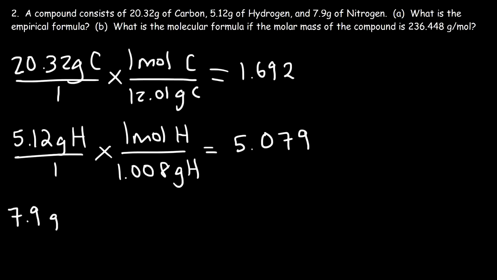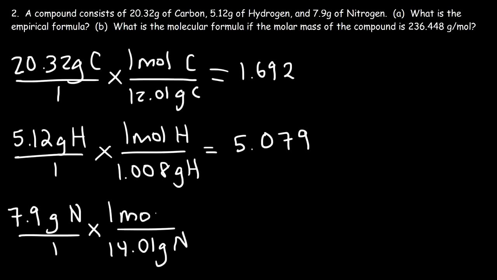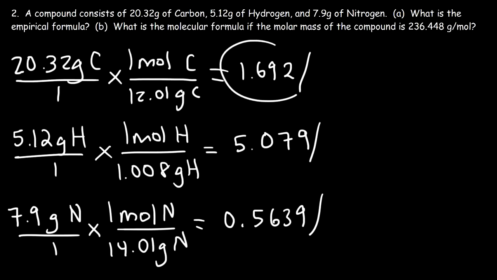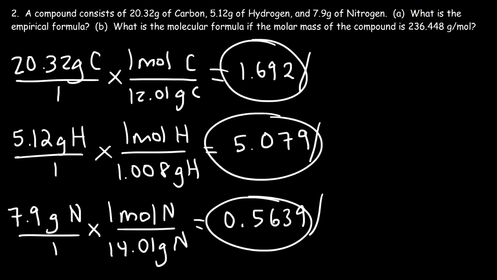We have 7.9 grams of nitrogen, and the molar mass is 14.01. So this will give us 0.5639 moles of nitrogen. So now let's divide each number by the smallest of these 3 values.